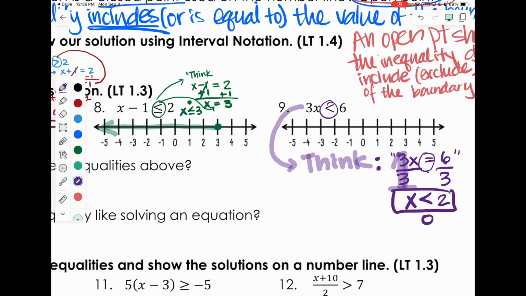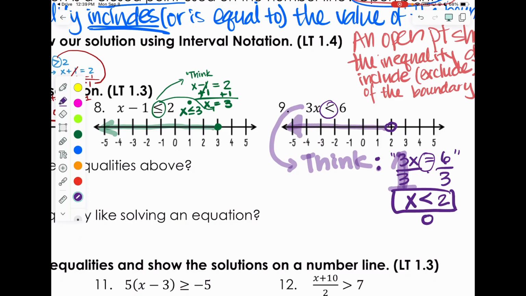So it's going to be an open dot, an open circle on 2. What numbers are x's less than 2? Mason, which direction? Right or left of 2? Left. I believe you're correct. Let's go left.